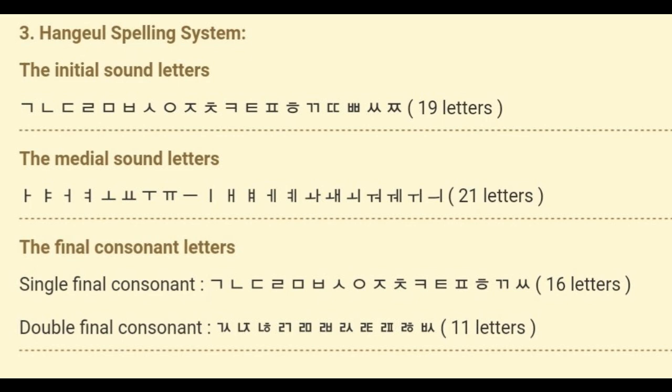One out of 16 single consonant letters and 11 double consonant letters can fill the final consonant location. And it's a very important thing that when we want to create a syllable in the Korean language, we must put the consonants always on the left side and on the top of the syllable, and the vowel goes to the right side and under the consonant.